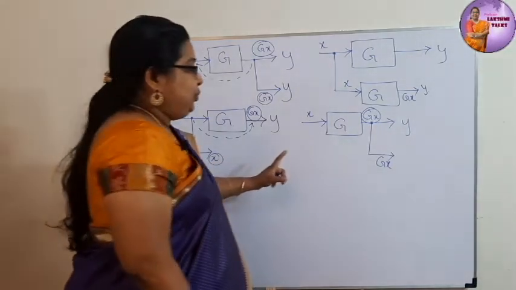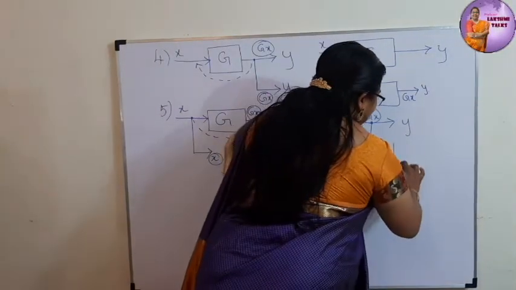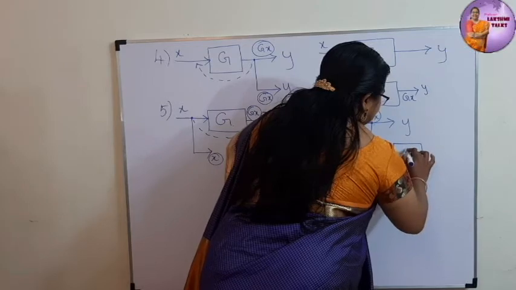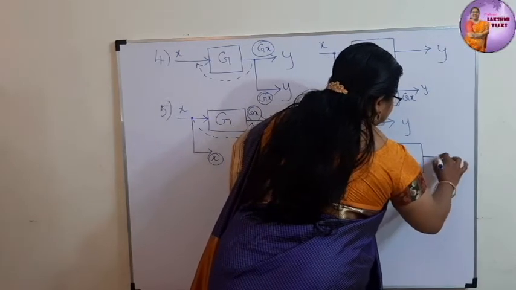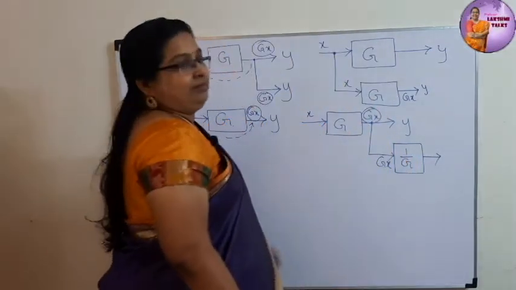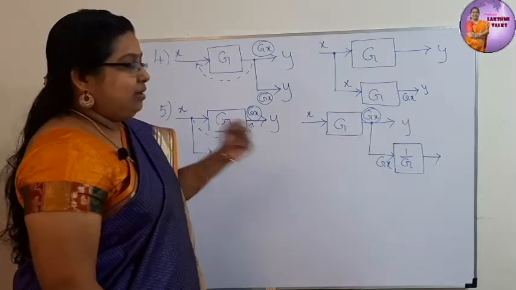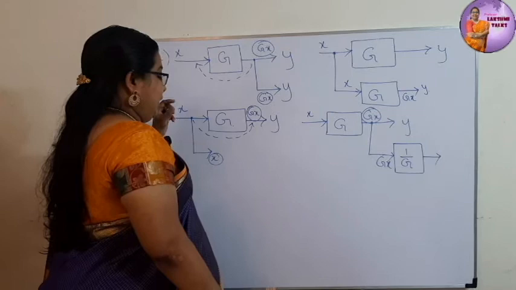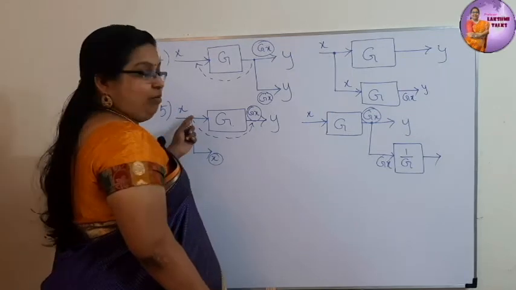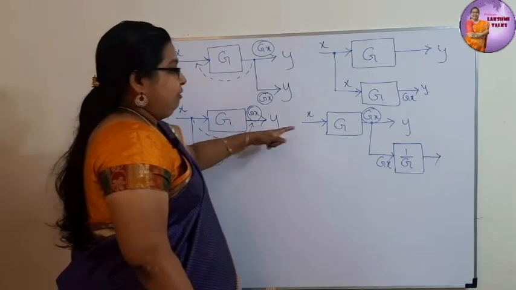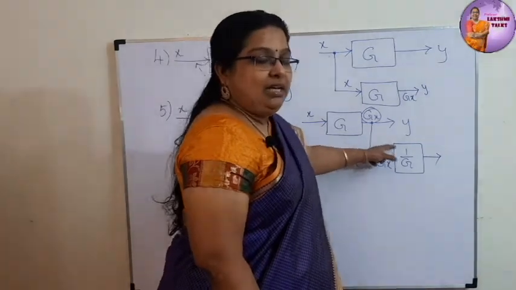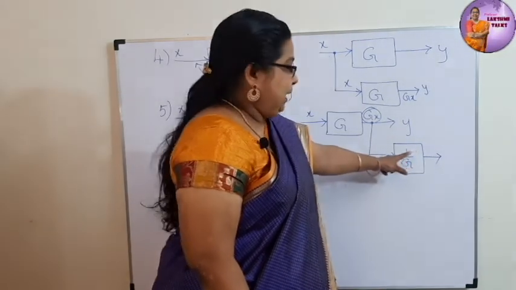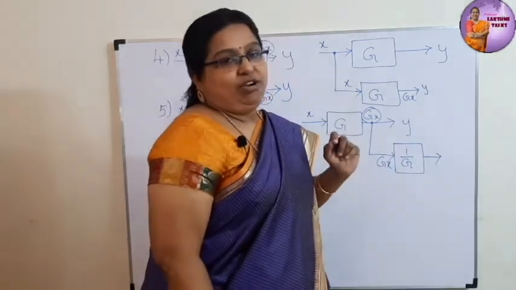So what should we do? We should include a block 1 by g. So whenever we are moving a takeoff path ahead of a block, we have to include the inverse of the block in the takeoff path.